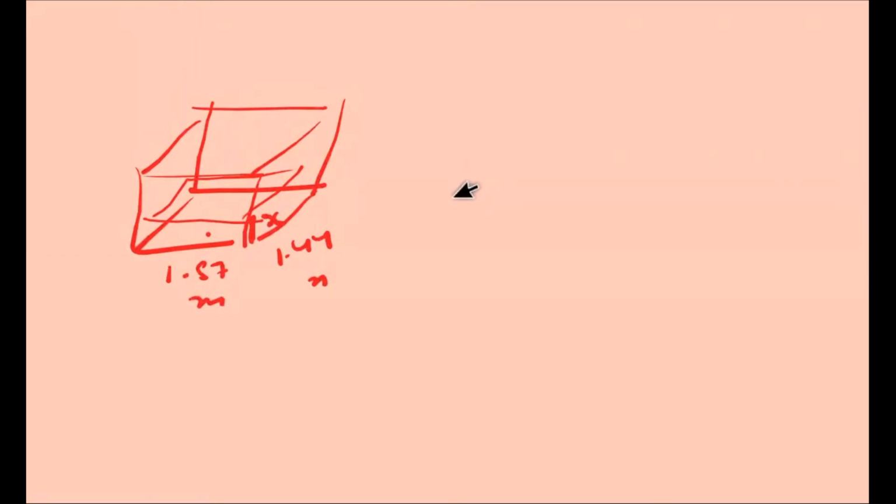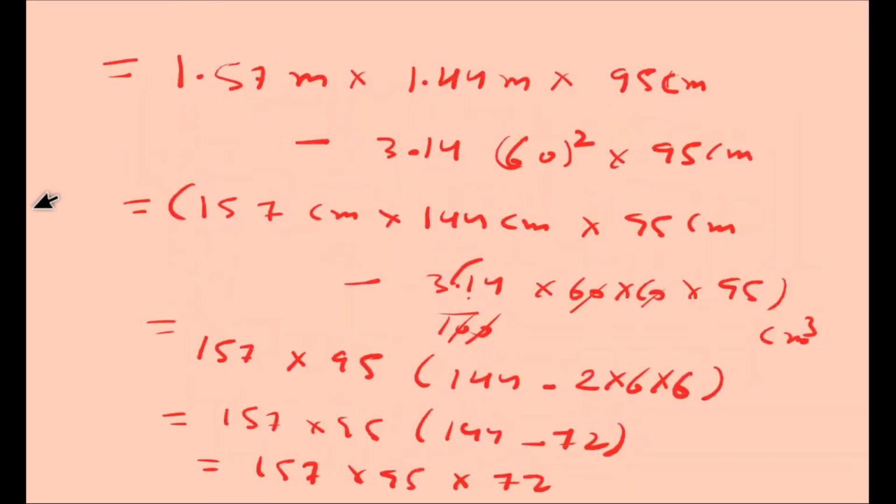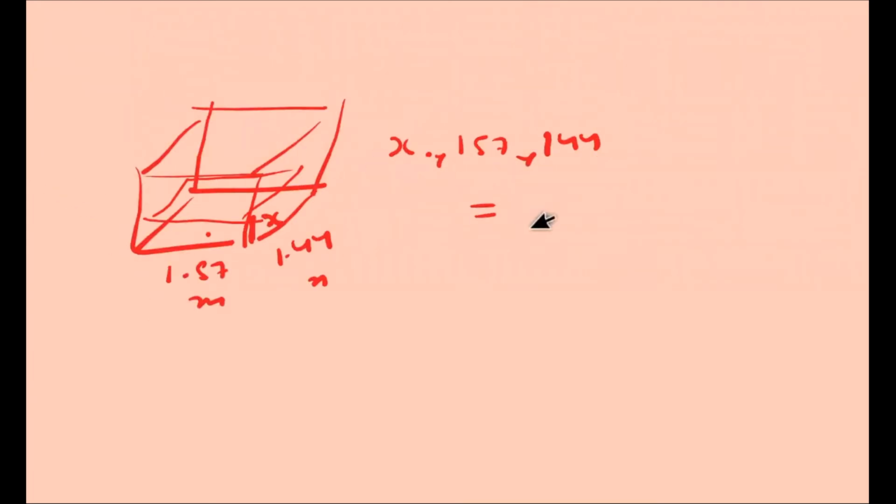So this volume equals that volume, and then we can say x into 157 centimeter into 144 centimeter equals what we found, that is the water we left, 157 into 95 into 72.